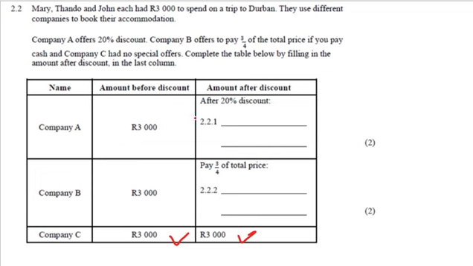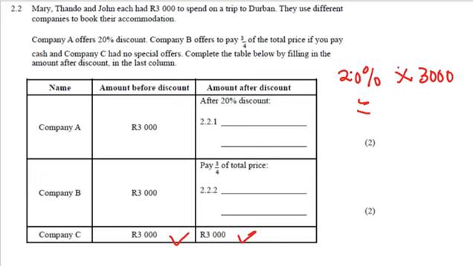But now, let's calculate the discount for company A. To get a discount of 20%, we need to find the 20% of what? Of 3,000. So we're going to say 20% times 3,000, as we discussed before, of to get such things. So the 20% of 3,000 seems to be 600.